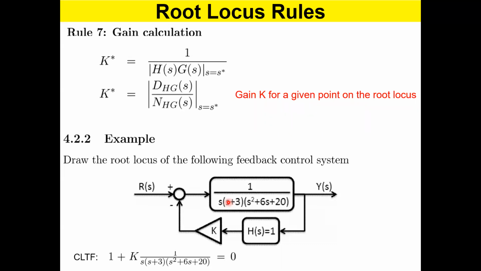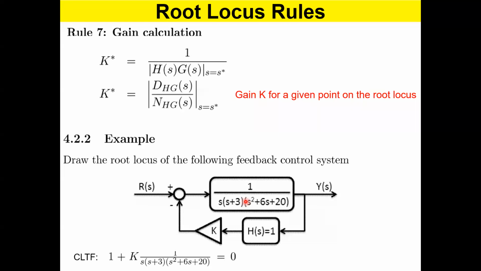The open loop transfer function is fairly simple. When we try to sketch the root locus, we almost always do it considering only this part, the open loop transfer function.